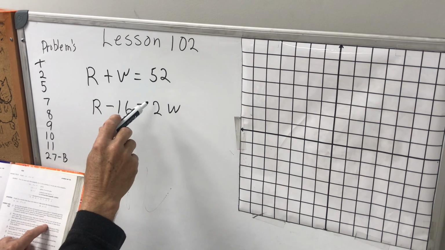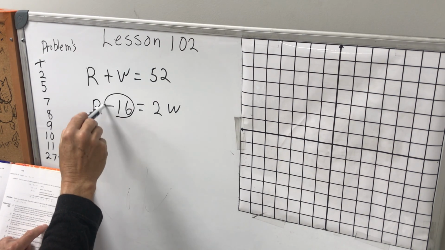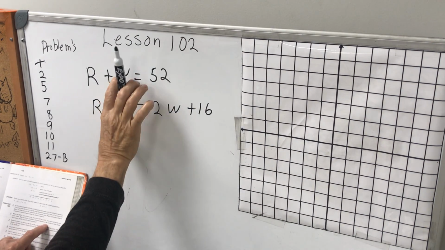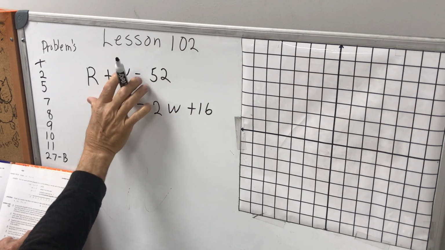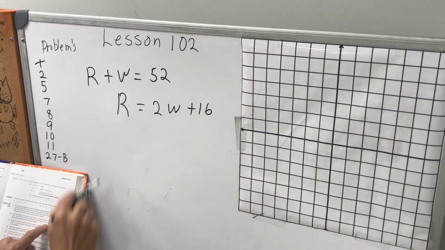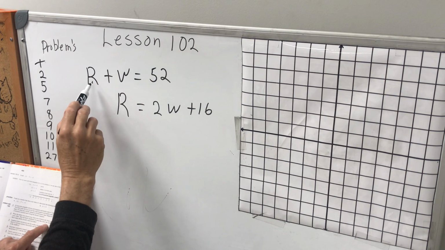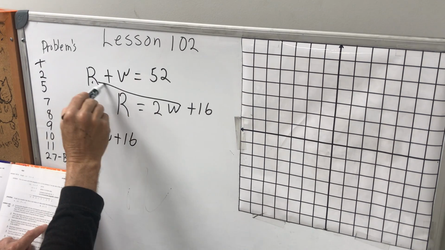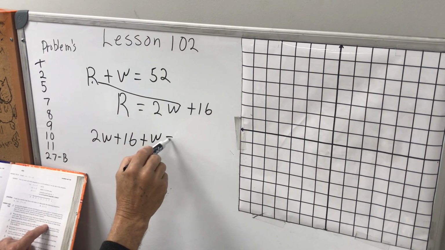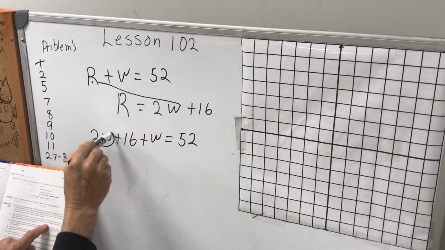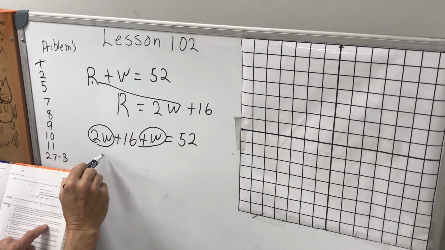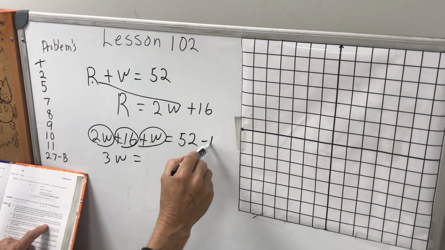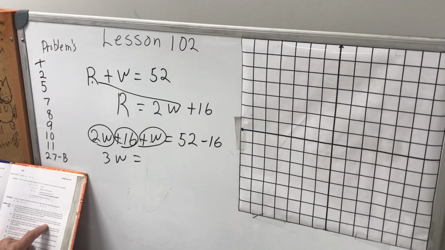Okay, to get a formula to work with, we can take this negative 16 possibly and move it to the other side. That'd be positive 16. I'm just going to erase this and put my R over here close by. R equals this. Here's our R, so we substitute R with 2W plus 16, see that? And then plus W equals 52. 2W and 1W, that's going to be 3W equals, take the positive 16, put it on this side, 52 minus 16.